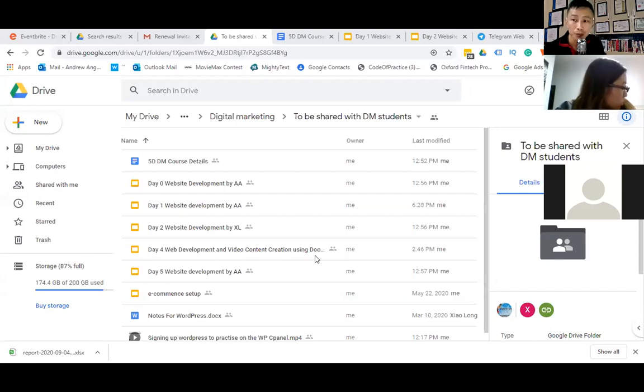Just to take note, we are not a training center, so we don't have after-training support. For example, if you attend a school, maybe after school there are some tuitions available by the school. In our training, we will not have any follow-up services.